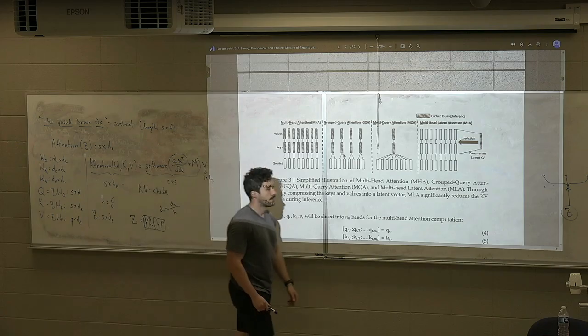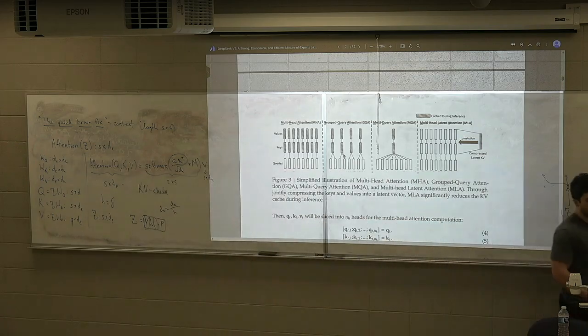So that gives them, I think, a 57 times improvement in storage space, and about a 6 times improvement in flops, so computational complexity. And they only see about a 5% reduction in benchmarks usually.